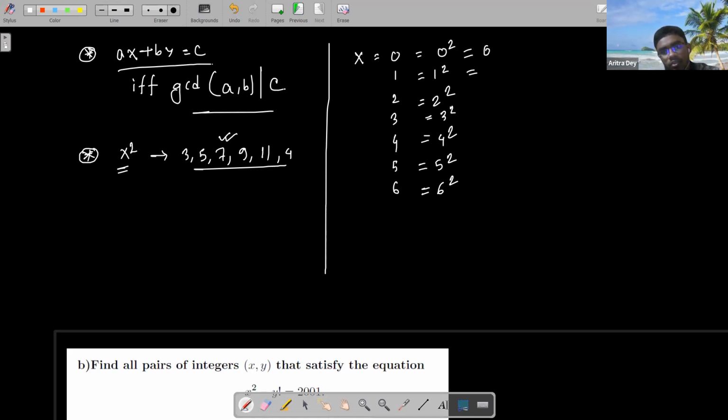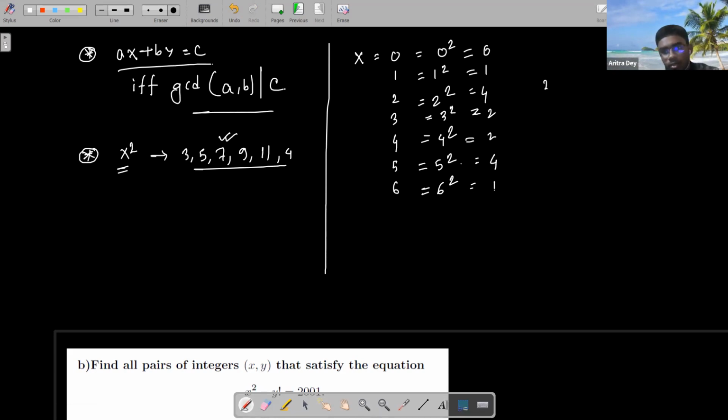This is 0, this is 1, this is 4, this is 9, which means 2. 16 means again 2. 25, oops sorry, 25 minus 21 is 4, so again 4. 36 means again 1.